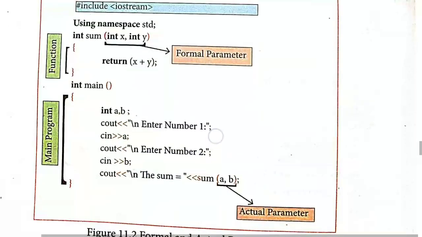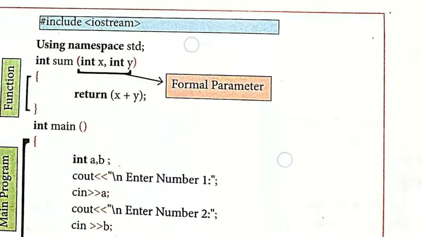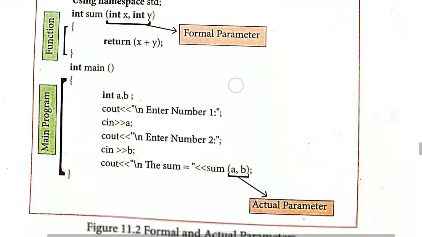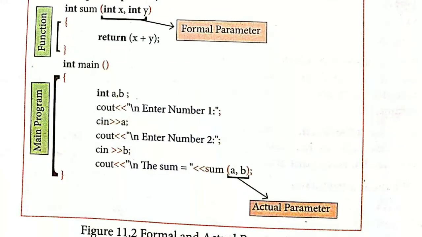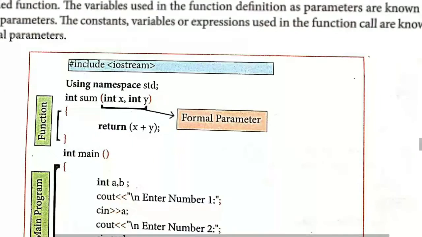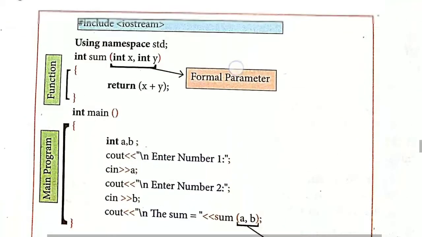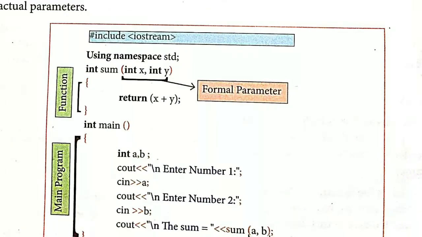In the main program you can see that clearly. The actual parameters have a different name, and the formal parameters have a different name. In the main program they have created two integer values, a comma b. While calling the function, this value a comma b will be transferred to x comma y. So a comma b are the actual parameters, and x comma y are the formal parameters.